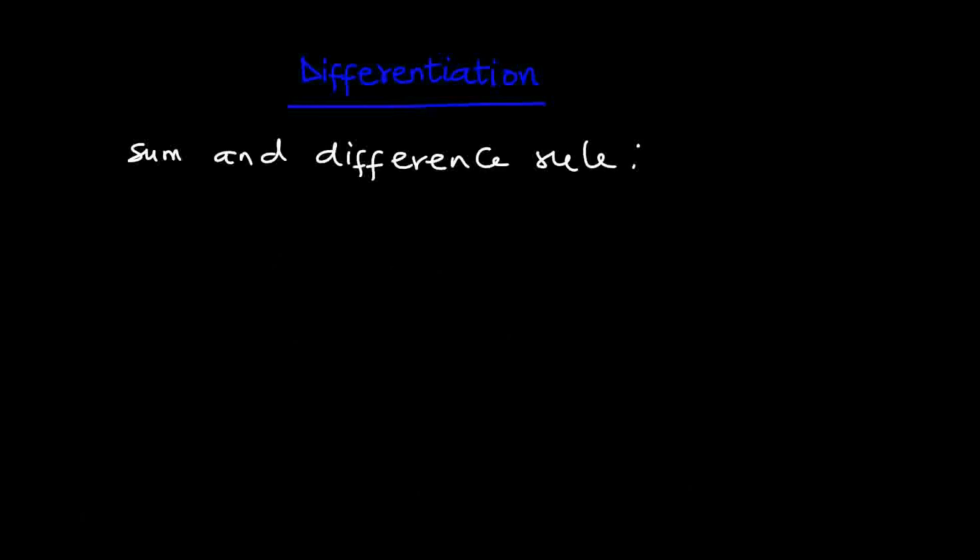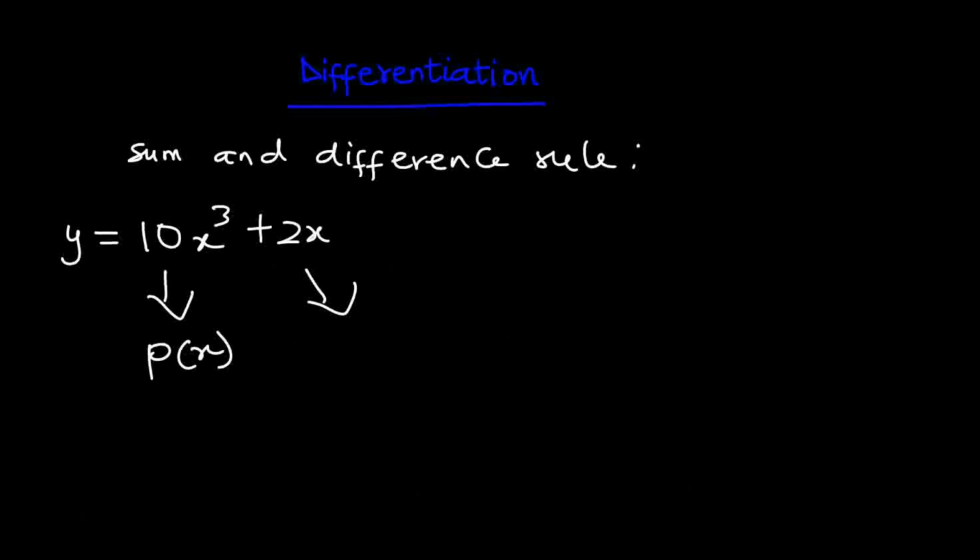The first question I have here is, let's say you have a function y equals 10x to the power 3 plus 2x. I'm going to take 10x to the power 3 to be p of x, and then I'll take 2x to be g of x.